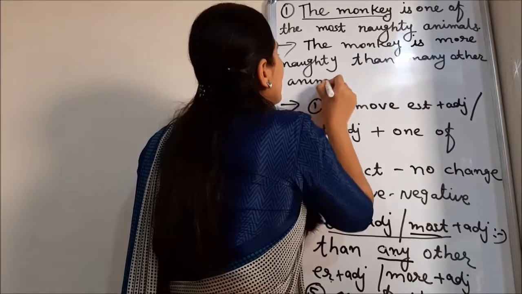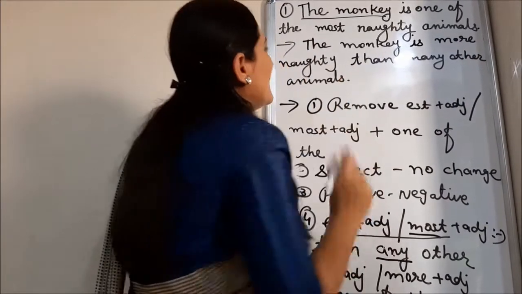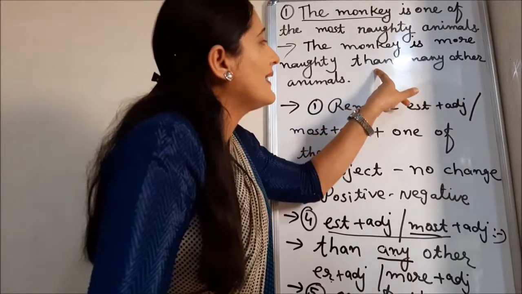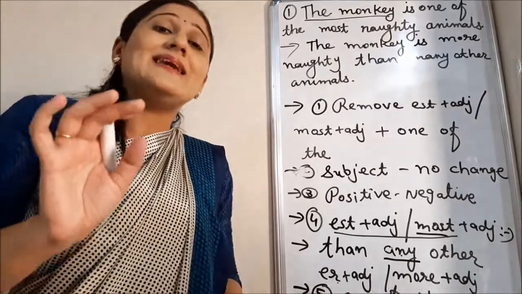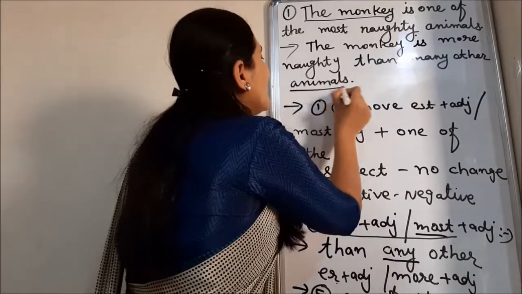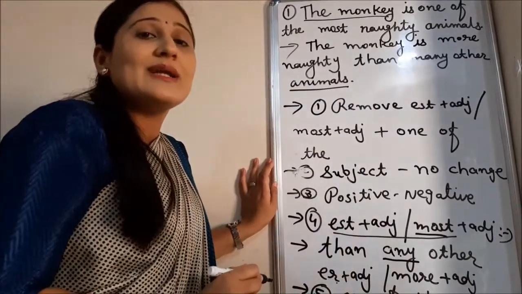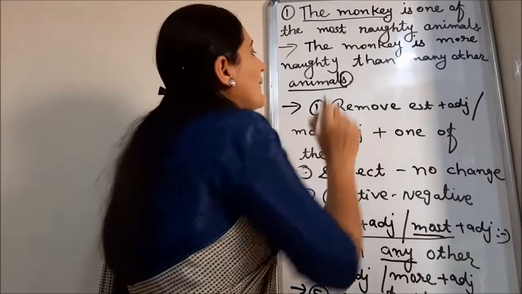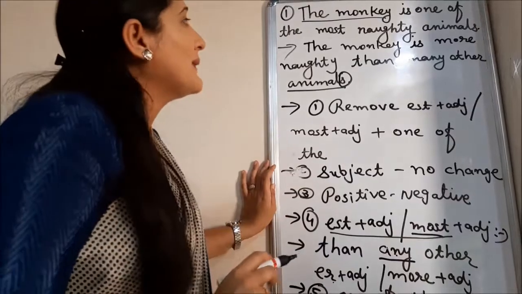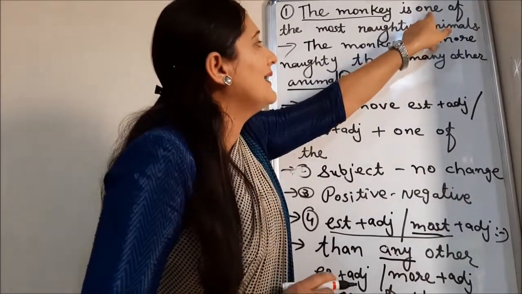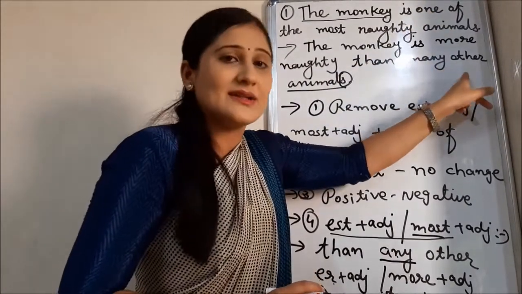Animals. See, one more thing you need to keep in mind: when there is then many other or then any other, a plural noun is compulsory. Let me repeat. If one of the, you will use then many other.